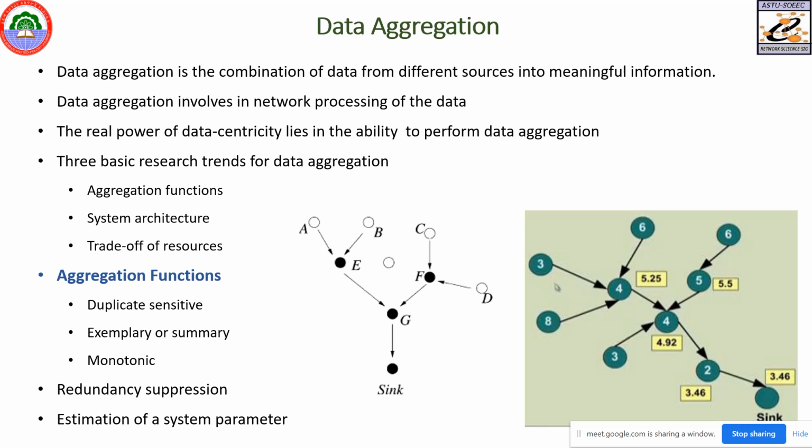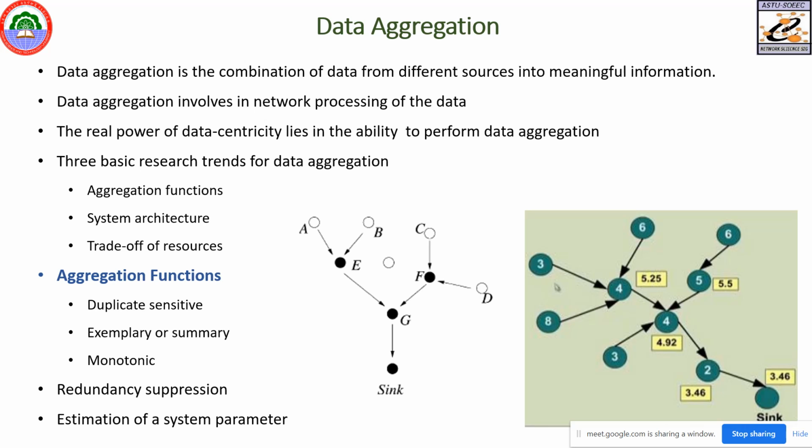So what sort of aggregation is done by this particular node 4? Instead of sending the raw data transmitted by these three nodes, node 3, node 6, node 8, it will simply make an average of all these values and send it to the next node. Let us assume node 3, node 8, node 6 and node 4.